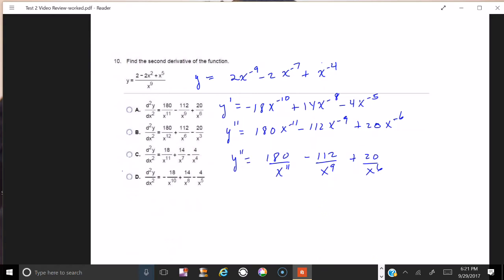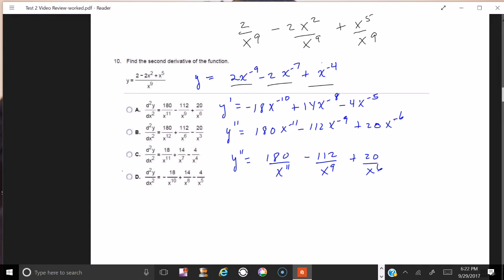And notice that this whole term is 2 over x to the 9th minus 2x squared over x to the 9th plus x to the 5th over x to the 9th. And rewriting it, we get 2x to the minus 9 minus 2x to the minus 7 plus x to the minus 4.